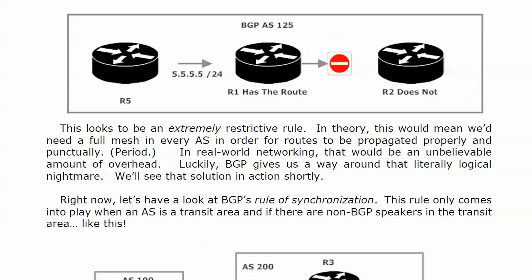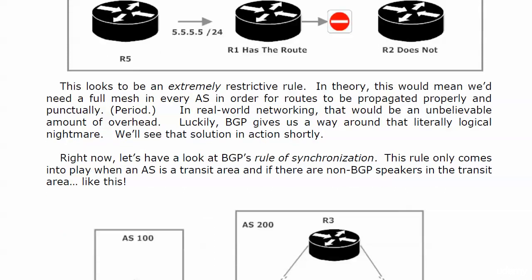I'm not saying that because I'm lazy, or because you're lazy. It's just asking for trouble, because the larger that full mesh gets, the larger the chance of a misconfiguration or missing a link, and then all of a sudden you're doing a lot of unnecessary troubleshooting. Now, BGP does give us a way around that logical nightmare, and we're going to see that solution in action very shortly. But right now, while we're at this, I want to show you BGP's rule of synchronization.